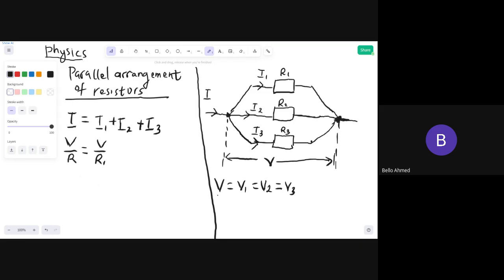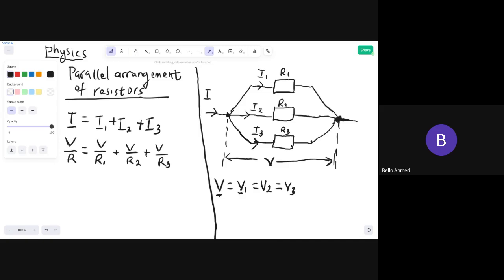Because we said here that V1 is equal to V. Then plus V over R2, because V2 is the same thing as V, then plus V over R3.